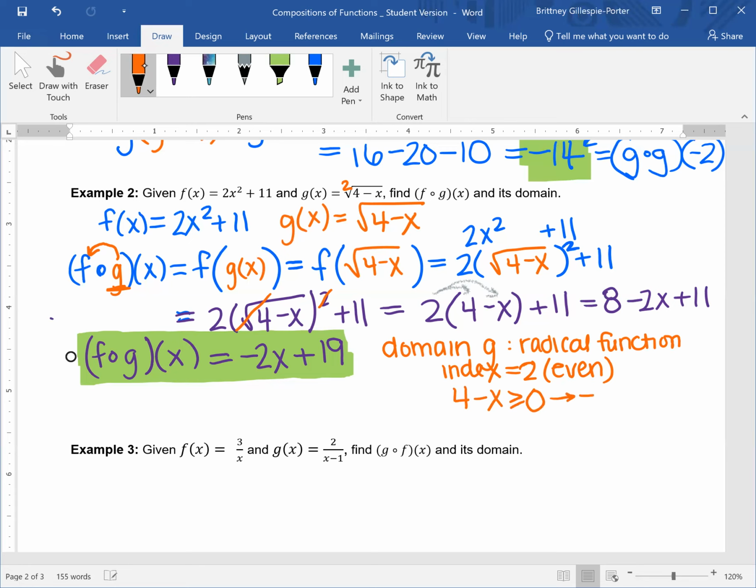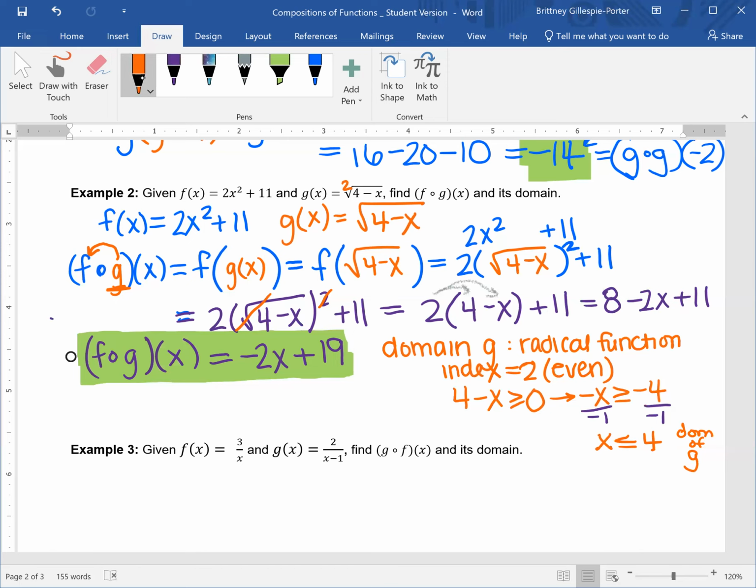When we do this, we would get negative x greater than or equal to negative 4, because we subtract the 4 from both sides to move it over. And we're not done yet because the x is not by itself. You would need to divide both sides by negative 1. But remember, whenever you multiply or divide by a negative, we need to flip our sign. So we get x is less than or equal to 4. Again, this is our domain of g.